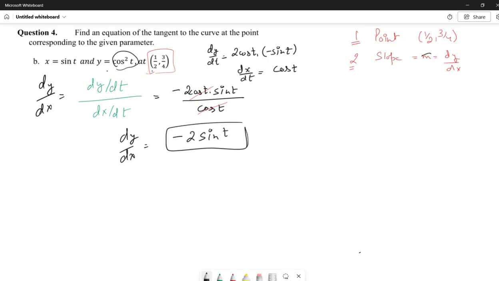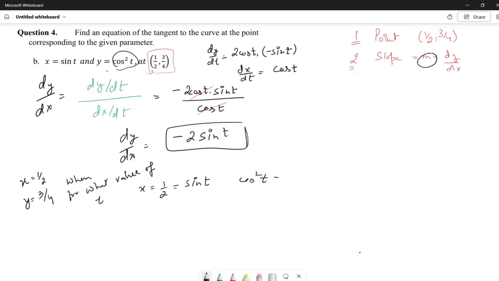So we need to find m. For m, we need to put the t value. The problem here is t is not given. What is given? The point: x is given as 1/2 and y is given as 3/4. So we need to find for what value of t x is equal to 1/2, but x is basically sine t, and cosine squared t, which is y, should be equal to 3/4.